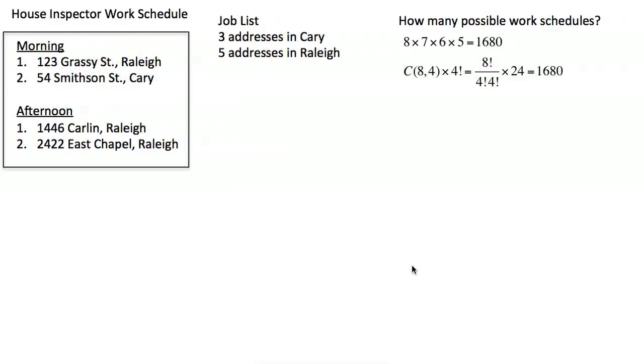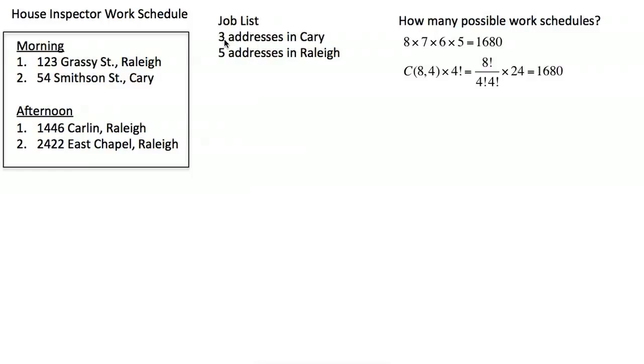Before we leave this question, however, let's recognize that there is another approach to it. We can look at the job list and keep in mind, we have 8 possible addresses we could visit in the work schedule. Let's first pick which 4 places we're going to visit, and then we'll worry about how many ways to put them on the list.